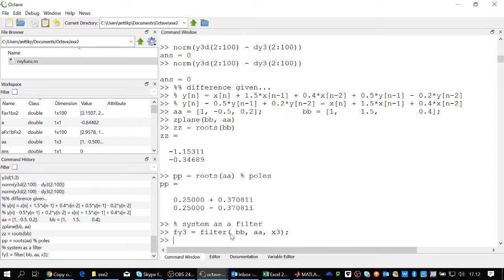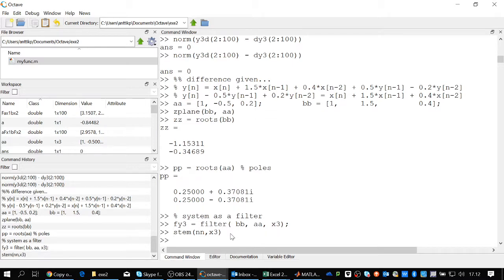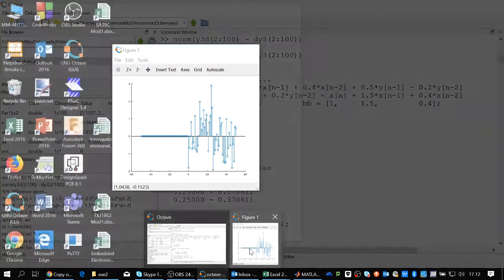And then we can actually also plot it. Let's see, how can I do it? Easiest way, stem NN, X3 was my input. Where did it go? There it is.